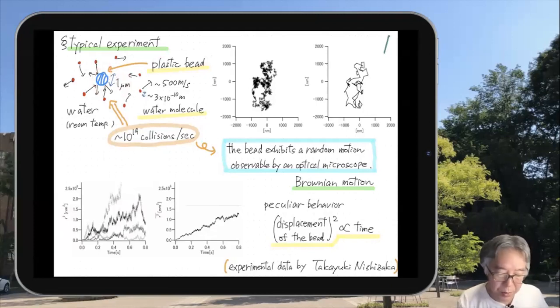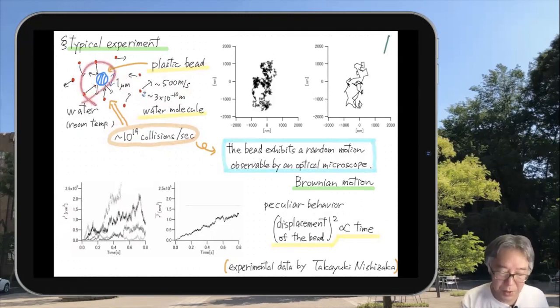Water molecules around it have very high velocities, like 500 meters per second, and the size of a water molecule is very small, 3 times 10 to the minus 10 meter. You can never see this, even using a microscope. They are so small, there are so many of them, and they are so fast. So you can estimate that there occur like 10 to the 90th collisions per second.